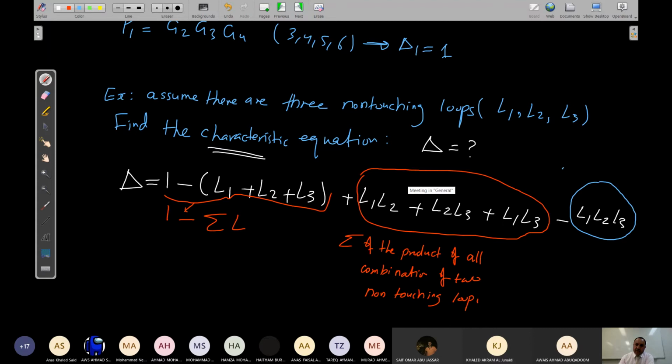So this means that finding the transfer function using Mason is very simple. Good. So let's try this example before finishing Mason.